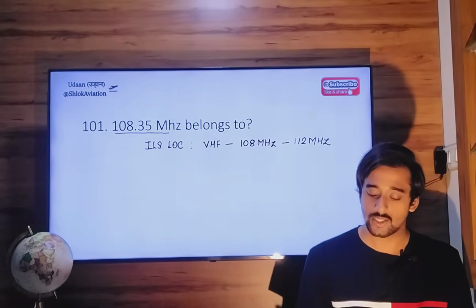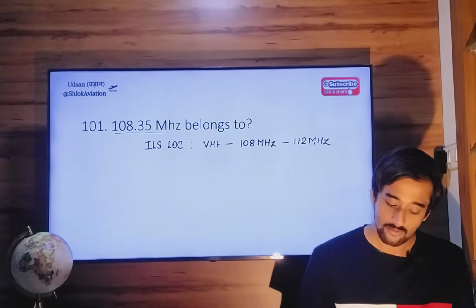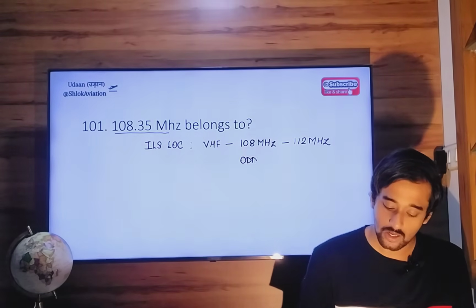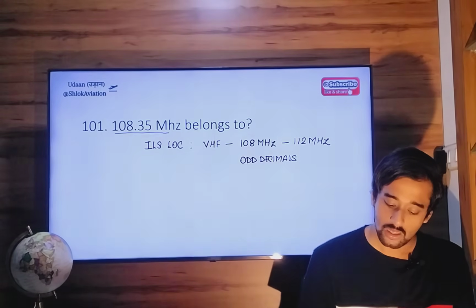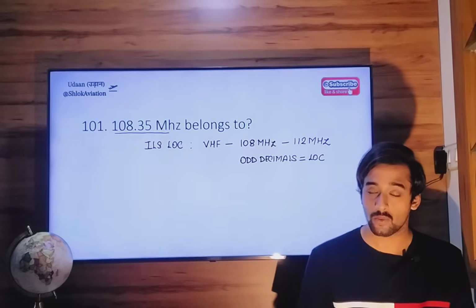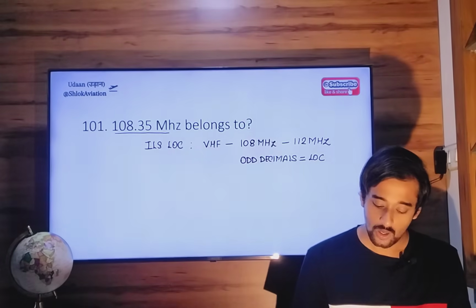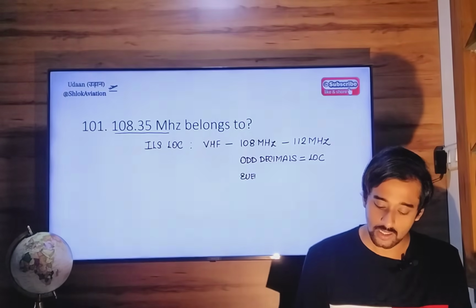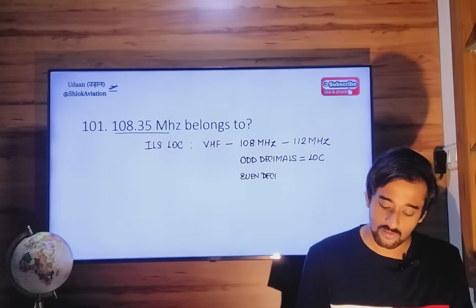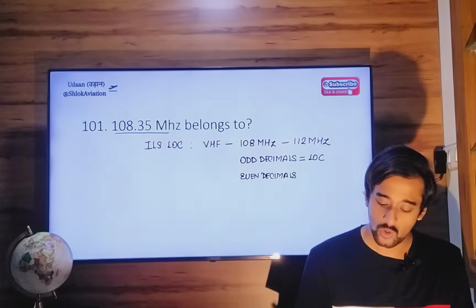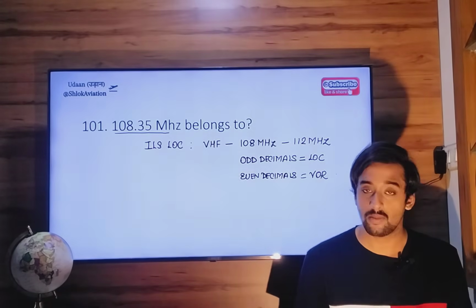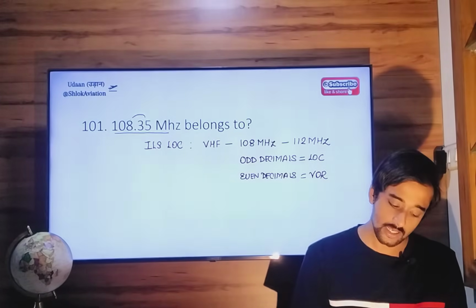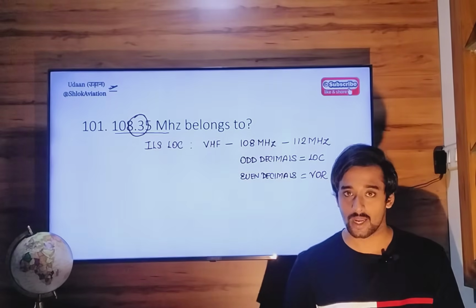All frequencies falling in this band which have odd decimals will belong to the ILS localizer. All frequencies falling in this band with even decimals will belong to VOR. Remember this. So point 3 is odd, therefore it belongs to the localizer.